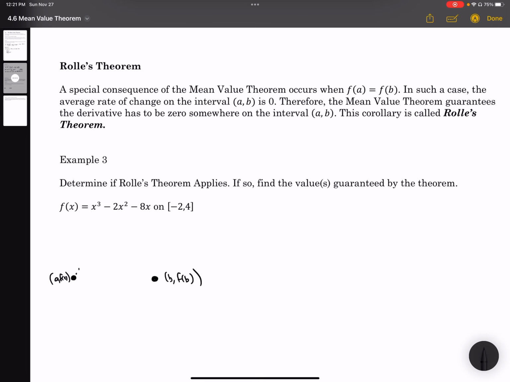So just assume the function goes up and then it comes back down to B. Now the average rate of change is zero because we ended back up at the same f of B value as f of A.